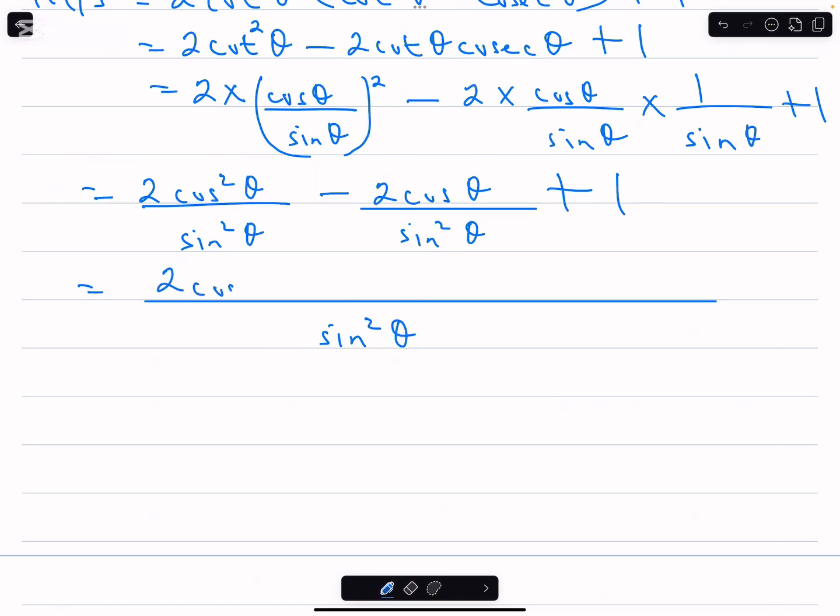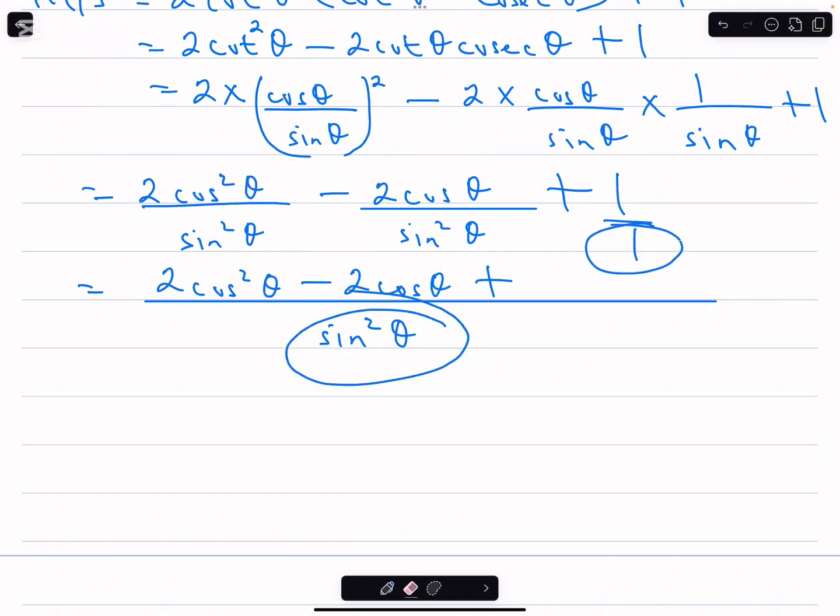That will be 2 cos square theta minus, sine square theta divided by sine square theta is 1 times 2 cos theta, that will be 2 cos theta, plus, this is 1, sine square theta divided by 1 is sine square theta times 1, that's sine square theta.